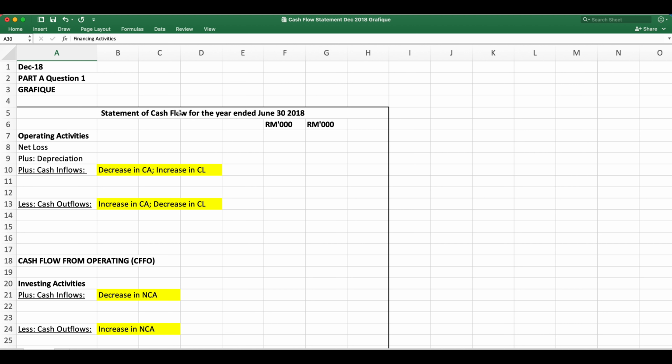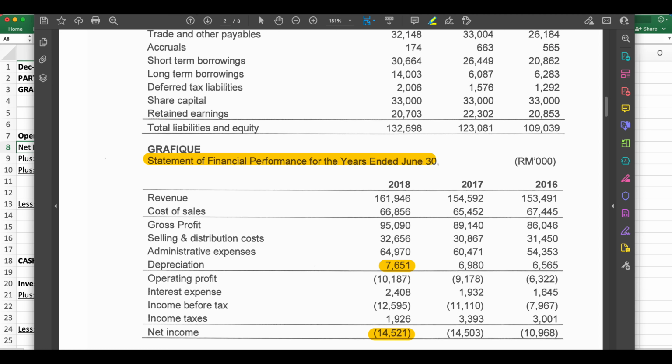According to the indirect method, we start the cash flow with the net profit or net loss. Looking at the income statement, the company incurred a loss, because the negative figure in brackets means net loss. So that's why we start here.